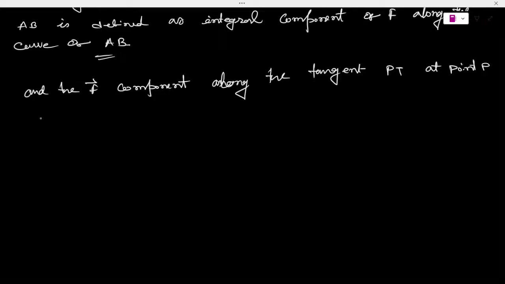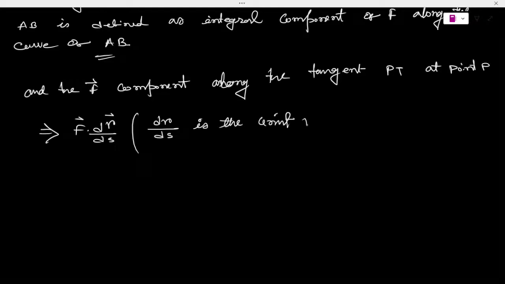So the dot product of f and a unit vector along PT, what will that be? The dot product of f and the unit vector will be f dot dr divided by ds. The f vector dot dr divided by ds is the unit vector tangent PT.